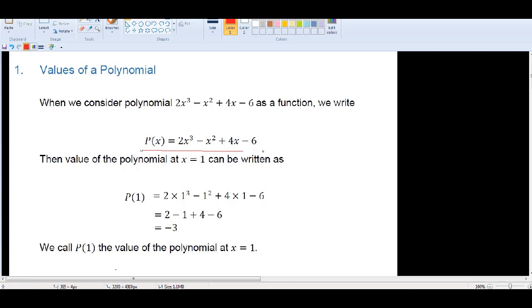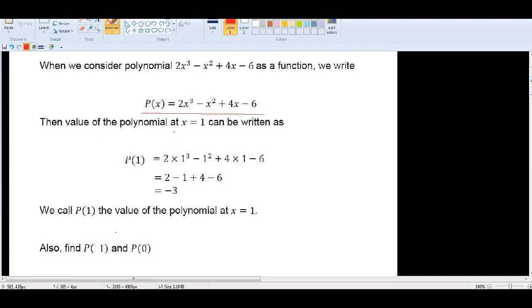And that notation p(x) means if you put anything into that x, you are going to substitute the same number into the x on the right hand side. So that's what we call function notation. We are not going into the detail of function notation. It's just a very brief introduction.